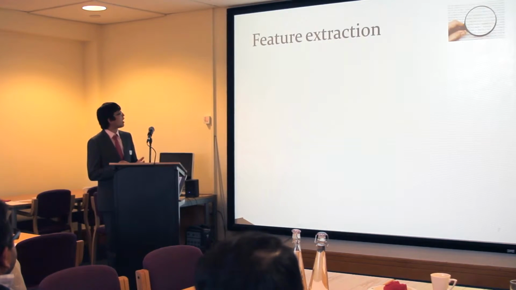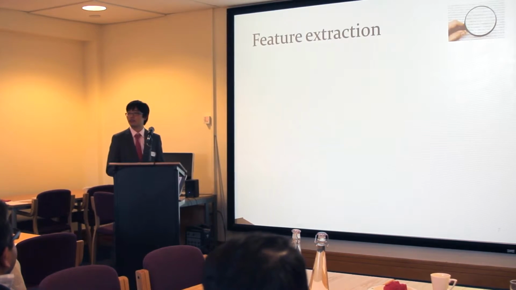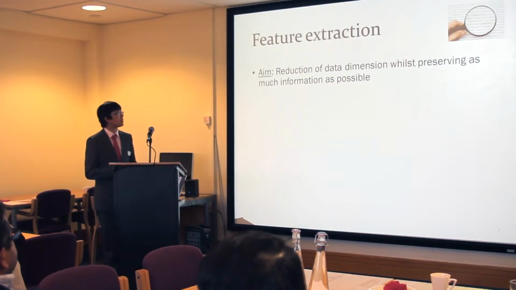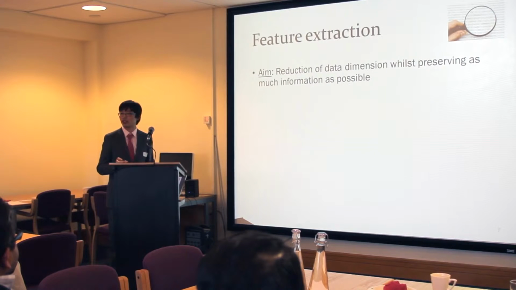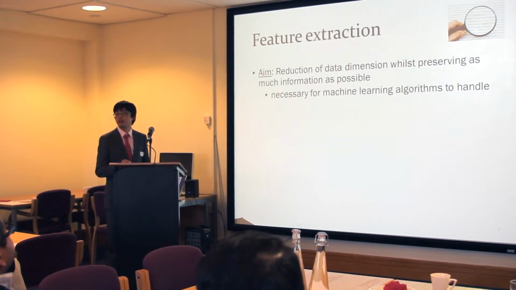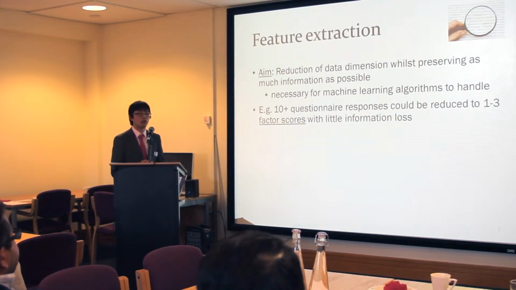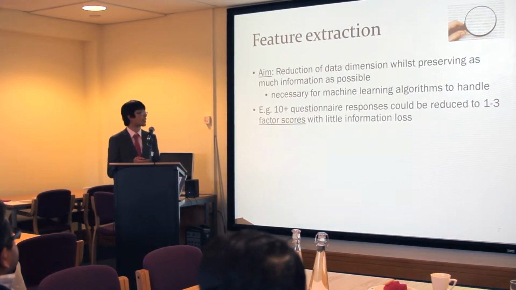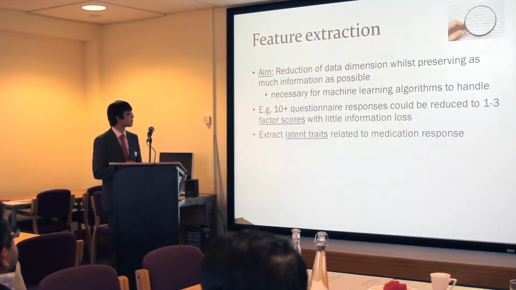So that's why I use a technique called feature extraction. The aim is to reduce the data dimension while trying to preserve the information inside those questionnaires. This is necessary for the machine learning algorithms to handle. For example, 10 question responses, maybe we can represent those questions with 1 to 2 or 3 factors with theoretically little information loss.